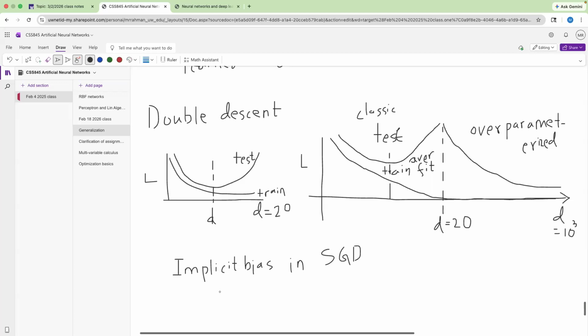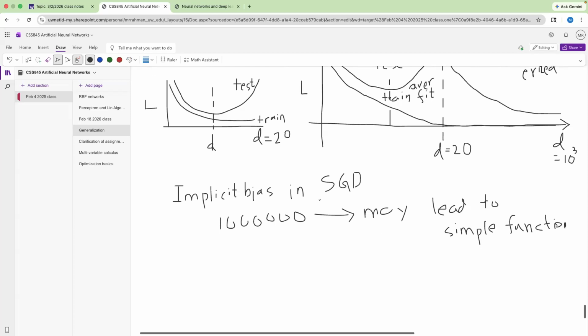So even though we have, let's say, a million parameters, this may lead to a simpler function fit, because when you have such a high dimensional space, a lot of functions can actually fit your training data, and then there might be some implicit bias in your training process, like SGD, that chooses simpler functions, and that lets you generalize well.